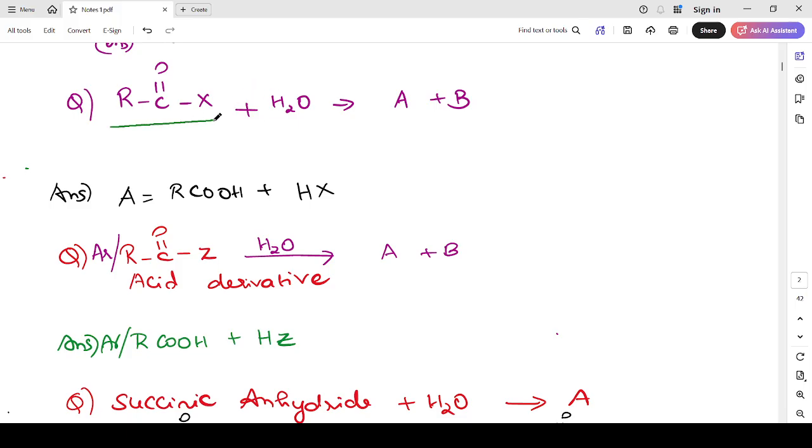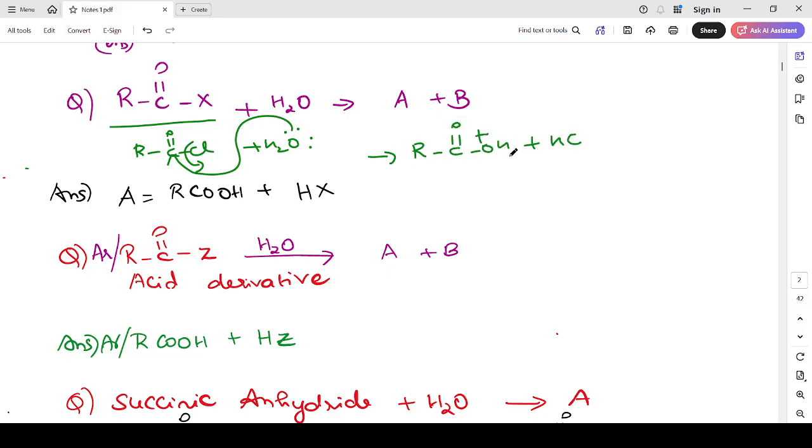I am having acid halide here. Let me say it is RCOCl in the presence of water. Here also you can see water is a neutral nucleophile which goes for an attack, which will release it, so that you will have RCOOH plus HCl.